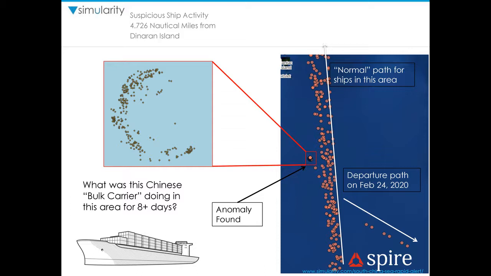When you look in on that, you see this ship sailing around for more than 8 days in that tiny little location. There's no good explanation for why a bulk carrier ship would be doing that. And we can see its departure path on February 24th, where that also is not in line with the normal shipping lanes in that area.